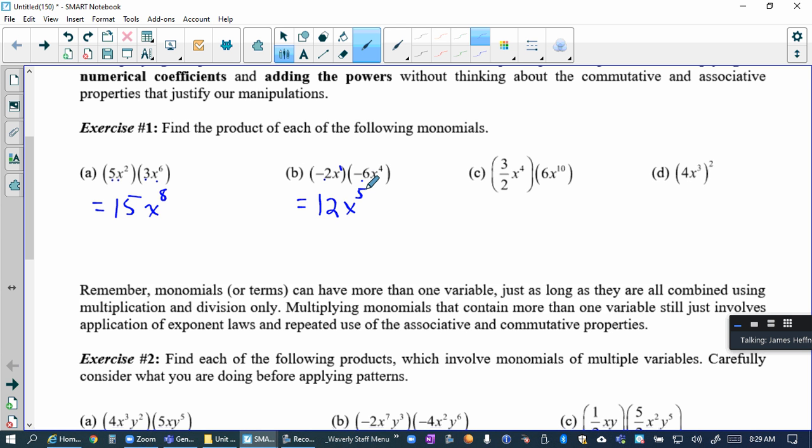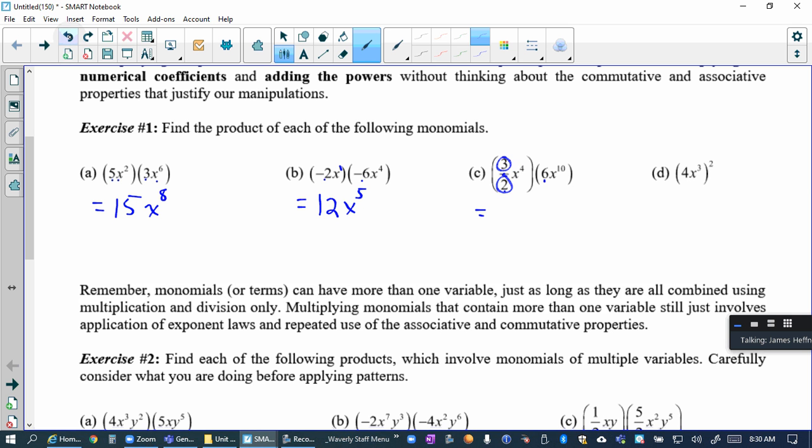Let's go to part C. What is 3/2 times 6? 9. For those who aren't sure, when you're multiplying by a fraction, the top part means to multiply and the bottom one means divide, and you can do it in any order.